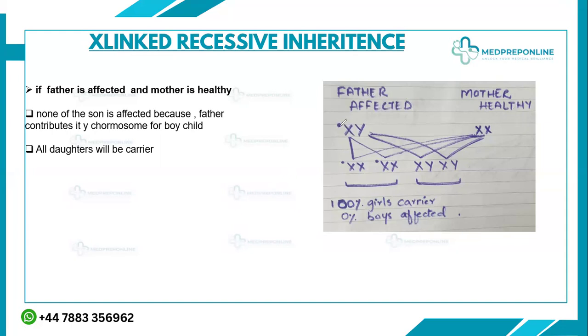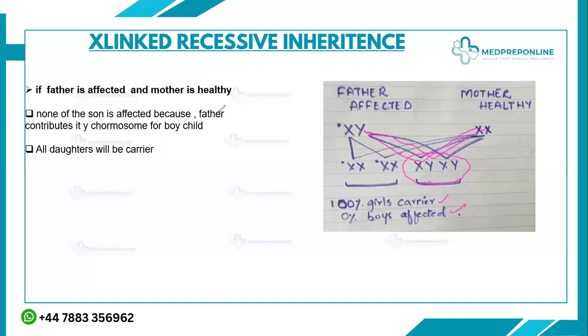That means the father has one mutation and a Y. When you do the cross, we are going to get girls who are all carriers. Then the sons are non-affected, because the father is contributing his Y, not the X, and there is no genetic mutation in it. So 100% of girls are carriers, and 0% of boys are affected. So this is the inheritance when the father is affected and the mother is healthy.